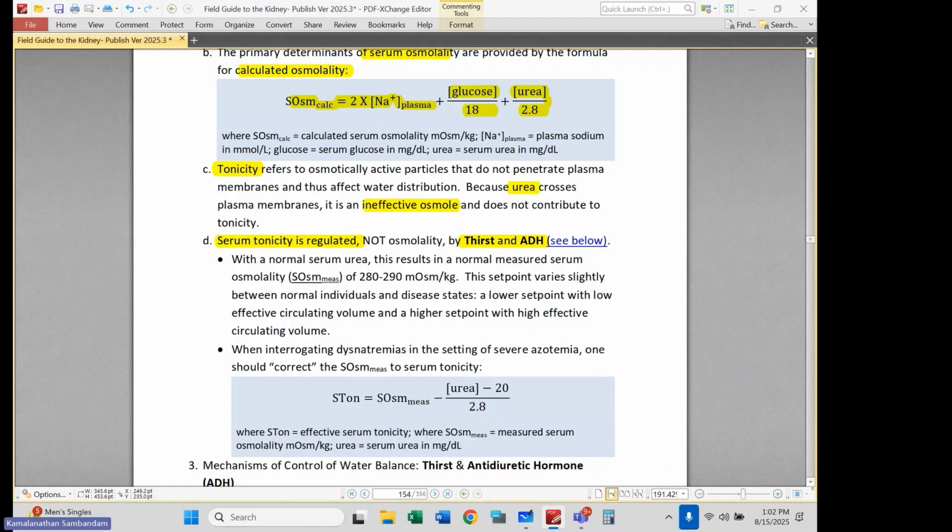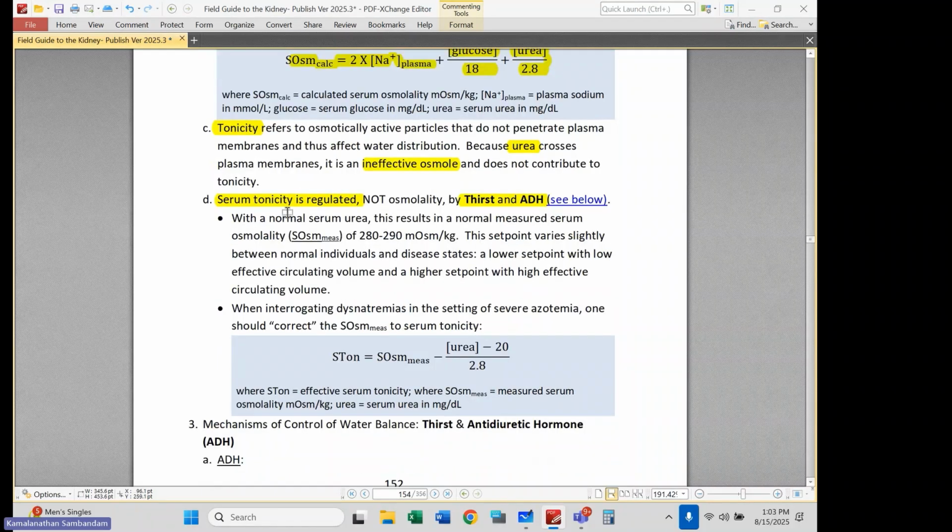So you have osmoreceptors in the hypothalamus that are sensitive to cell size, okay? When they shrink in hypertonic milieu, then they will cause release of ADH or stimulate your thirst center. Okay, so again, normal serum urea.